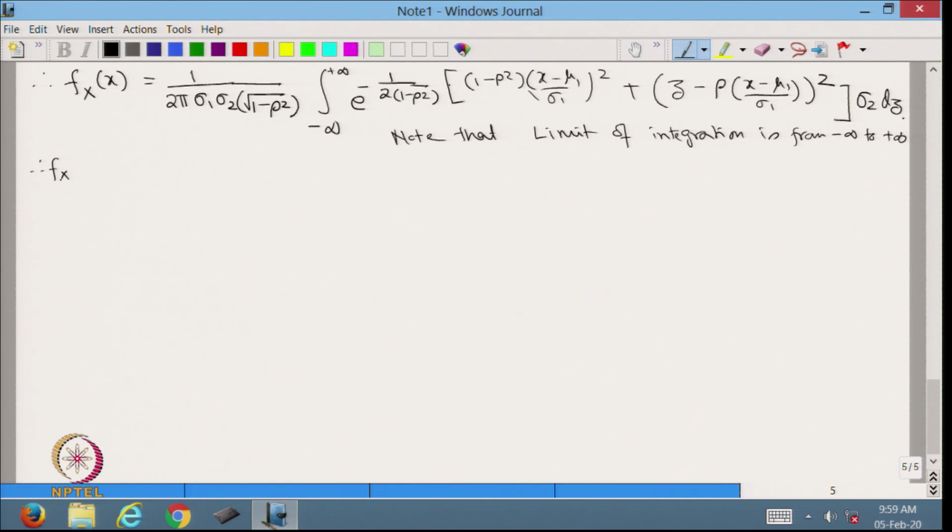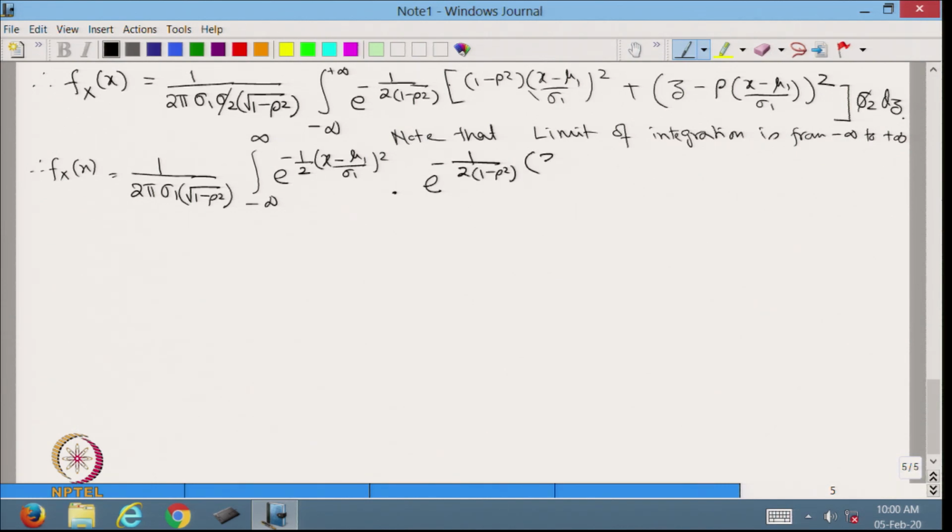is from minus infinity to plus infinity. Therefore, f_X(x) is equal to, we can cancel this σ2, and therefore we have 1 over 2π σ1 root over (1 − ρ²), minus infinity to infinity e to the power minus half into ((x − μ1)/σ1) whole square multiplied by e to the power minus 1 upon 2(1 − ρ²) into (z − ρ(x − μ1)/σ1) whole square dz.